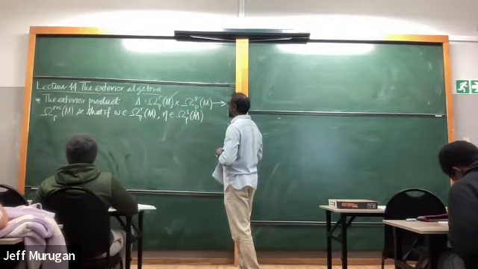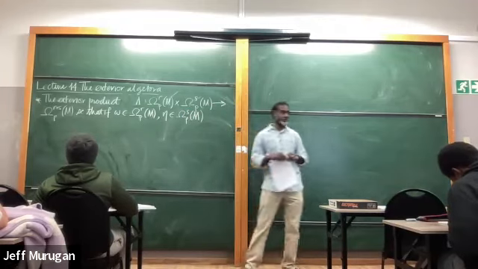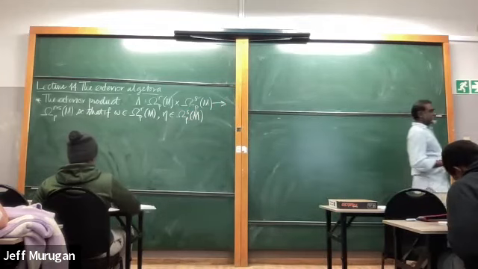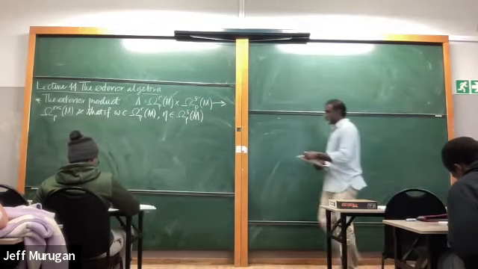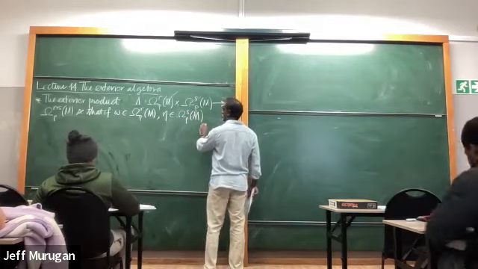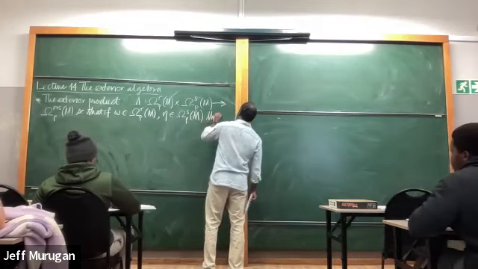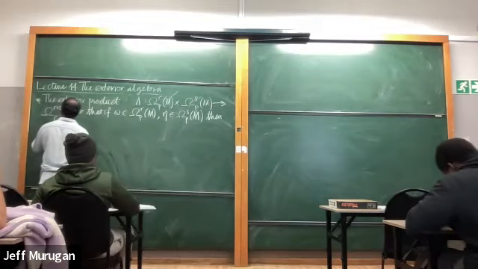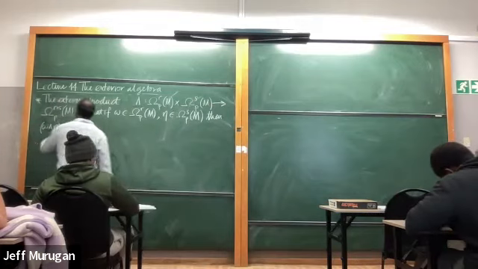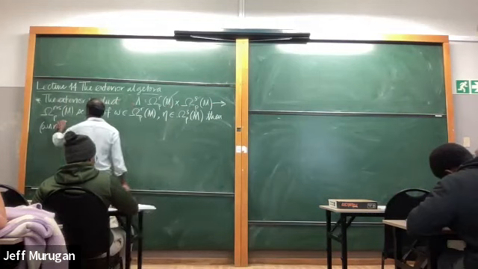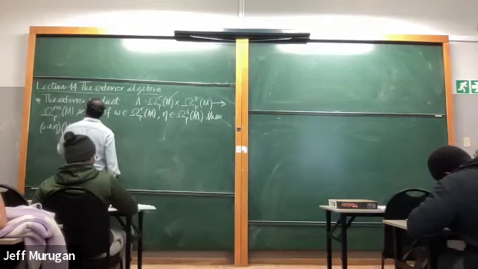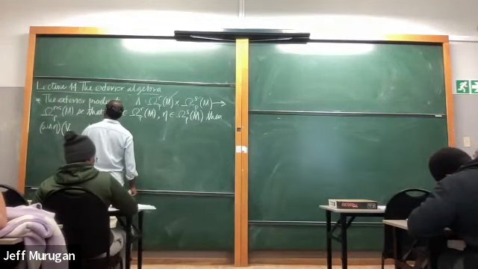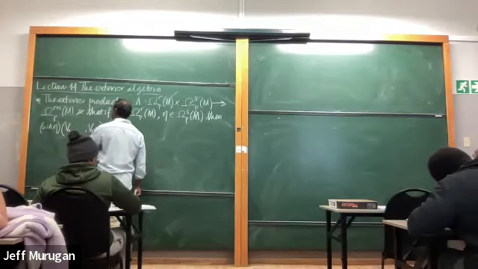The exterior product is an R plus S form, which means it takes R plus S vectors to real numbers. Omega wedge eta of V1 to V R plus S.